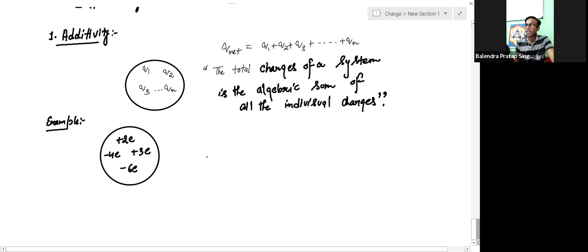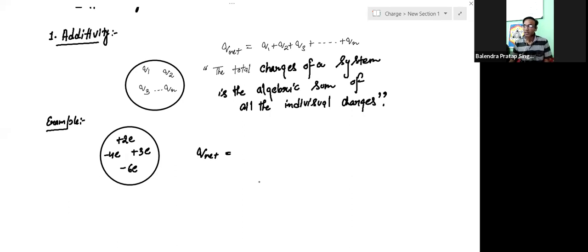So what is the total charge? What is Q net? What is the net charge of this body? Tell me what is the answer. Try to solve it. How much charge does this body have?